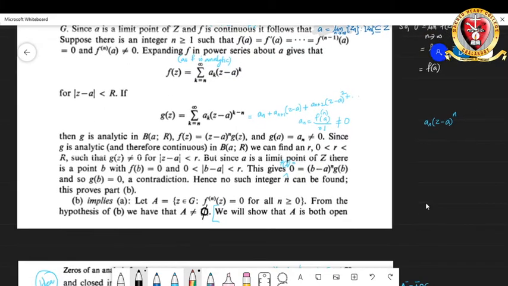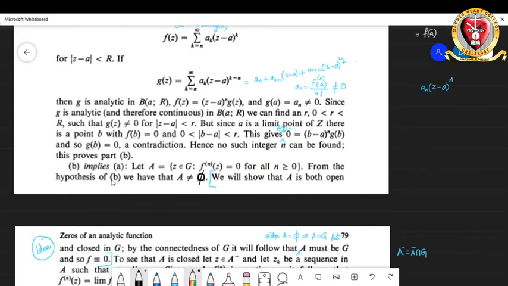And now we are moving on to the part b implies a. When we are talking about g(b) equal to 0, the contradicting fact will be that g is 0-free inside B(a, r).